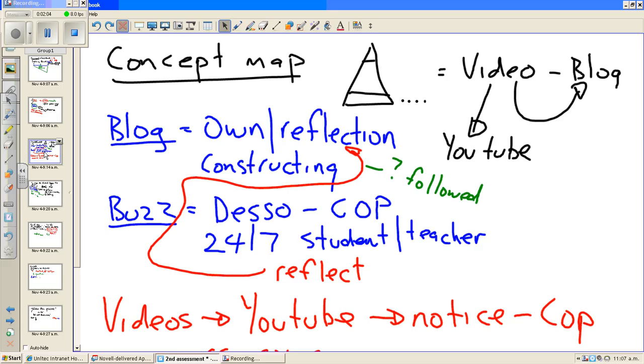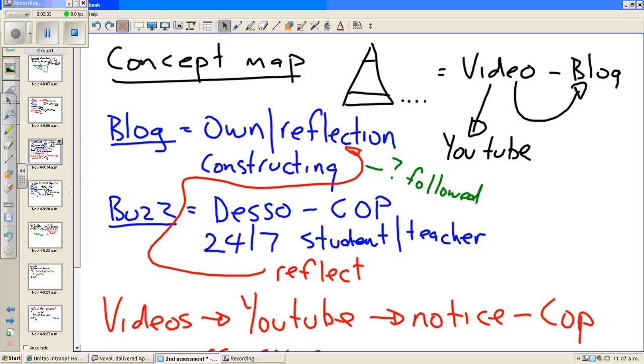Yeah. So if we look at the concept map, your concept map is with your pyramid. The learning pyramid fits very well into the map that I have spoken about on my blog that Vikal and I put together. And you're doing these videos, you're blogging about them. Where are you storing the videos? The videos are stored up on YouTube, as we're saying here, and the students are doing their blogs.